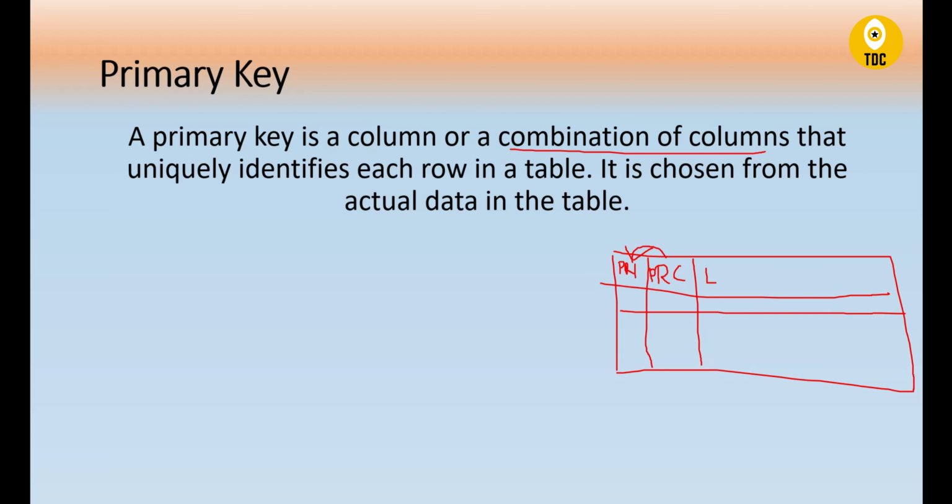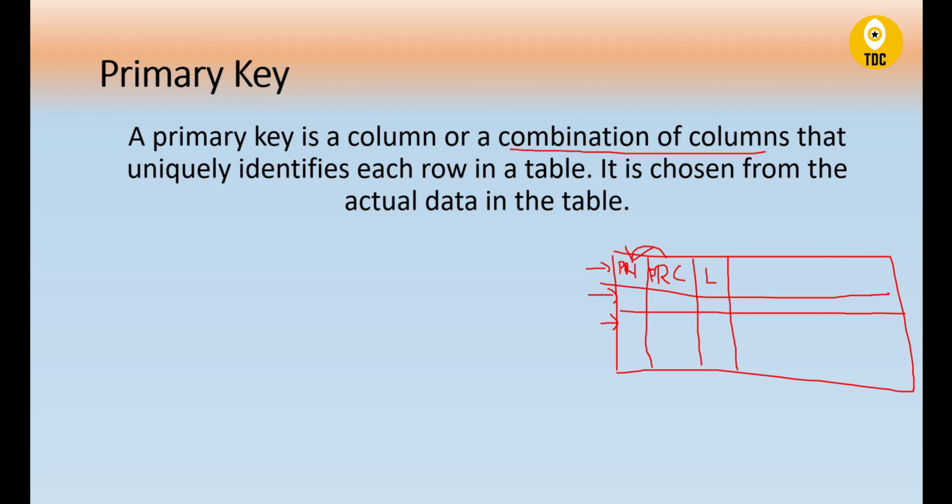End of the day, it might be one column or multiple columns. The definition of a primary key is that the column or combination of columns should help us uniquely identify a row. If it is not able to identify uniquely, then it will never be called a primary key.